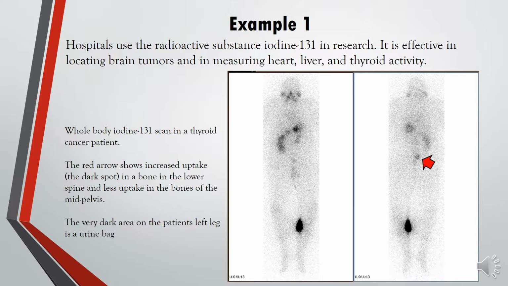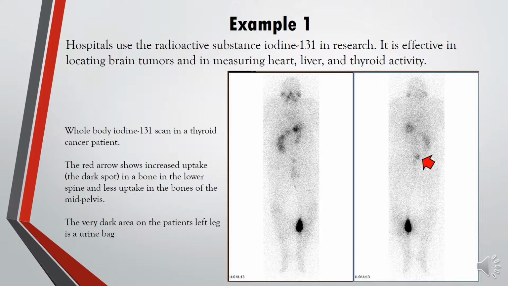The picture on the left represents his scan before treatment, and the picture on the right represents the scan after this patient has received some sort of treatment, maybe radiation or chemotherapy. What you would like to see is that the dark spots dissipate, so you have fewer dark spots, and that would mean the cancer is going away.